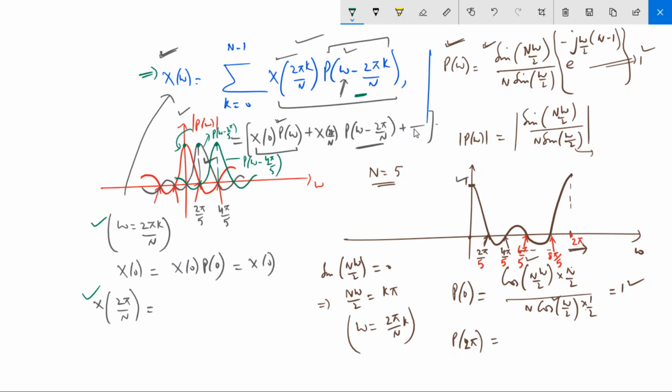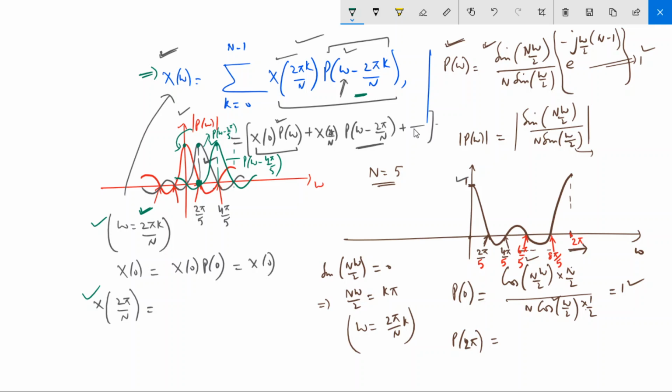If you see at 2 pi by 5, this is 1. This function at this point will be crossing through 0. This function in red will also be crossing through 0. If you take any next pulse, that will also be crossing through 0. It means their contribution is not present there, at these frequencies.